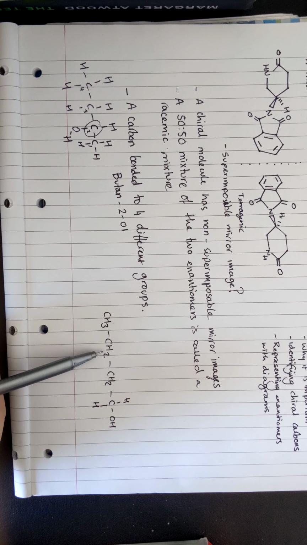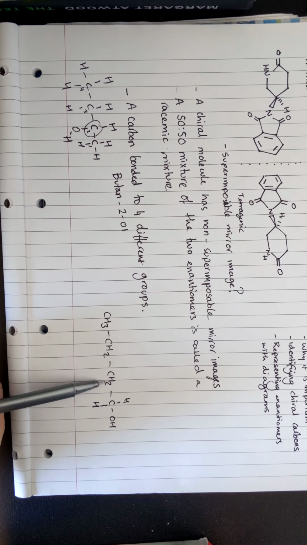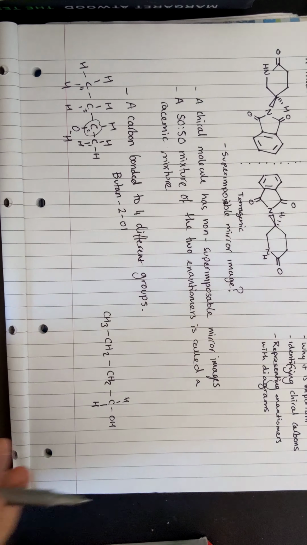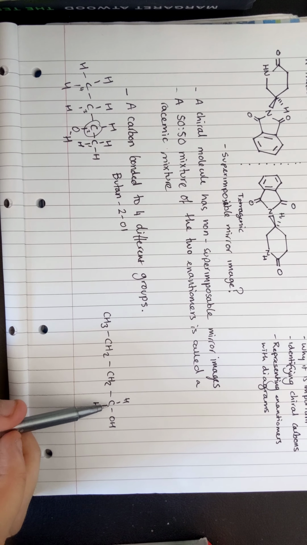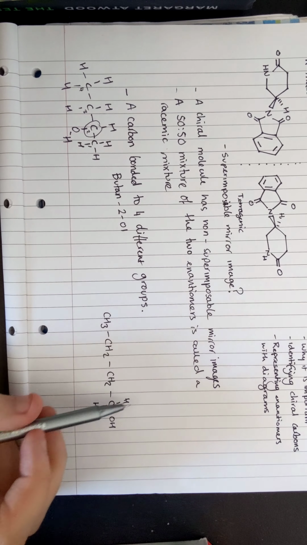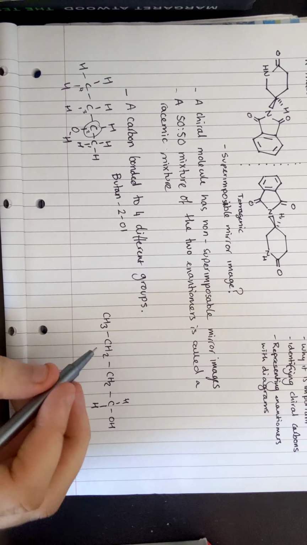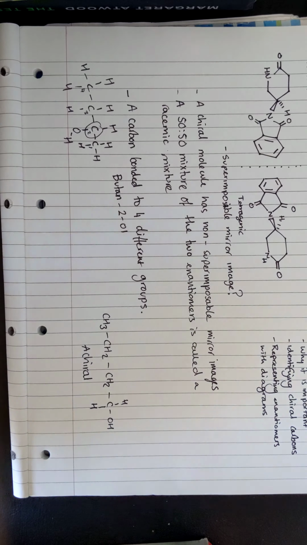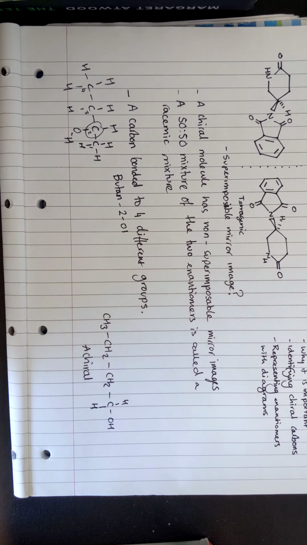This one, 2 hydrogens, not chiral. CH2, 2 hydrogens, 2 of the same thing, can't have 4 different groups, not chiral. Then at the end, this C is bonded to 2 hydrogens, an OH, and a C, so this is an achiral molecule. An achiral or non-chiral molecule. Achiral is the more common terminology for it.